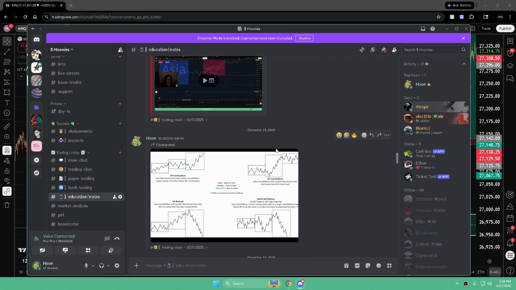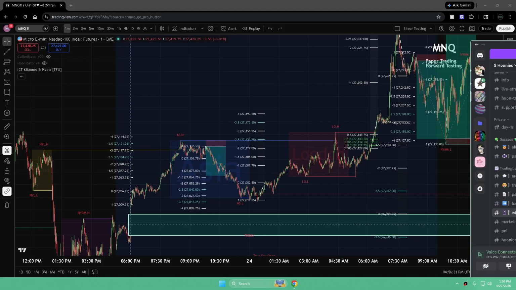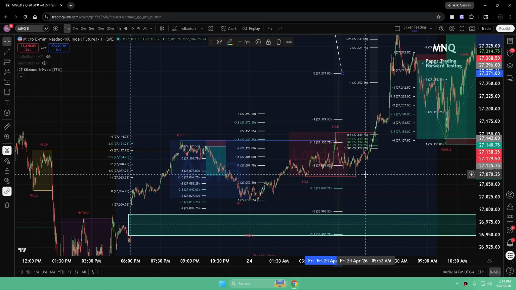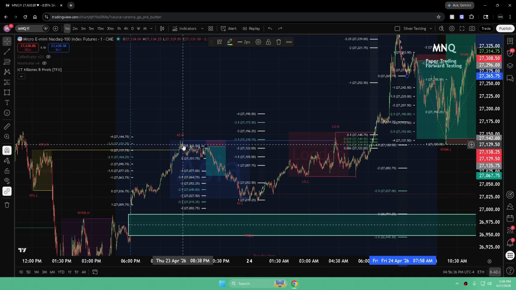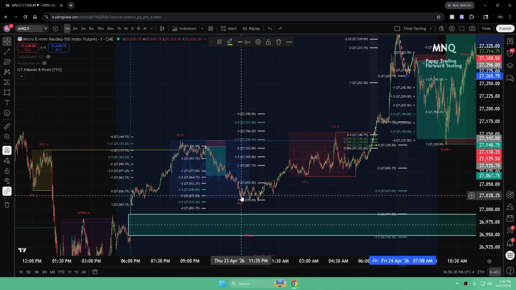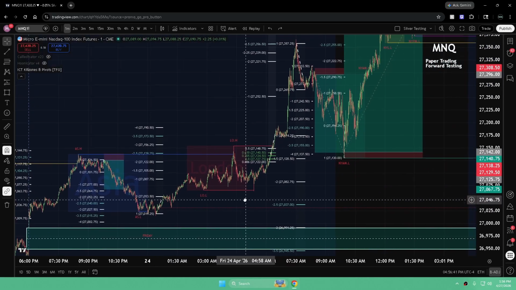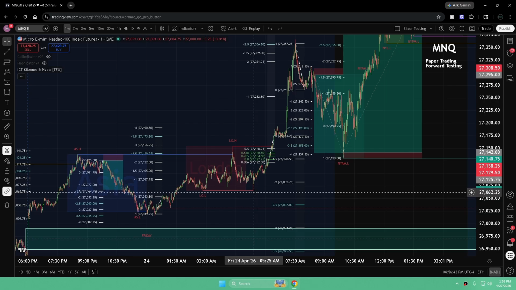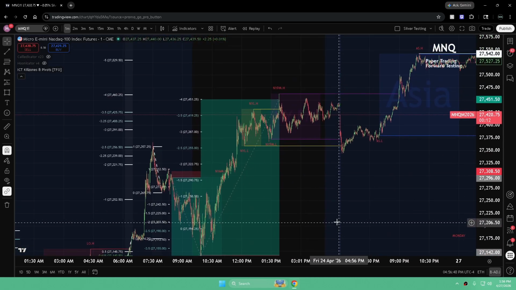We have a continuation profile, Asia directional move. We have London consolidation. Expect sweep of London before New York continuation. So if we look at this, guess what? We have Asia directional, London sweeps Asia highs. We pull back into an OTE of something, and then we continue.